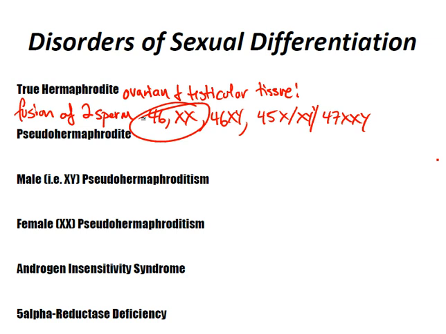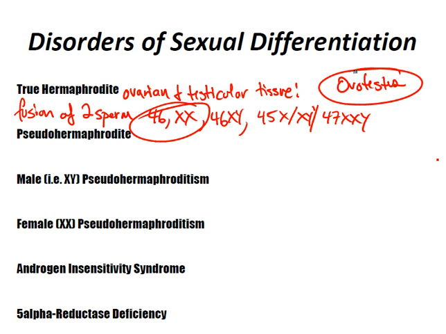Number one, a gonad on each side, or number two, the big one that you need to remember, combined gonads, which is known as ovotestes. Now, the ductal sex is often mixed, and the phenotypic sex is ambiguous genitalia. Okay? So that is a true hermaphrodite.